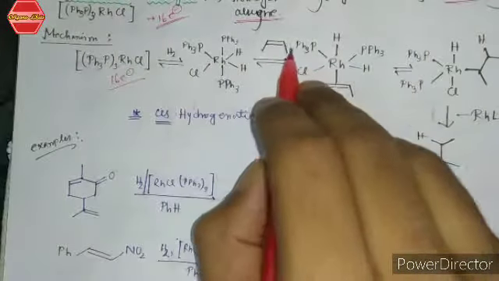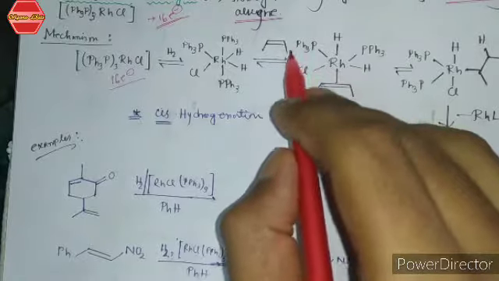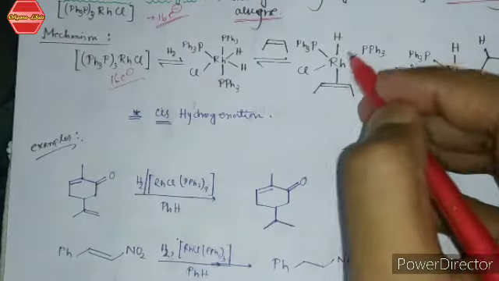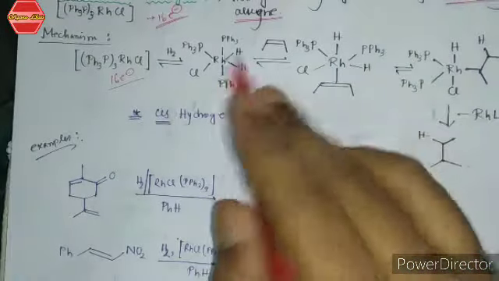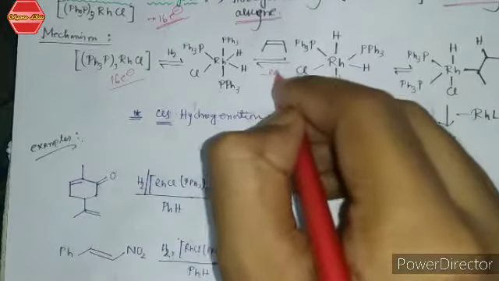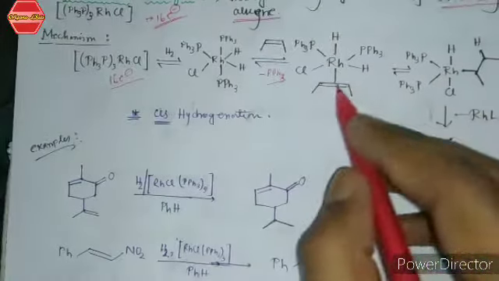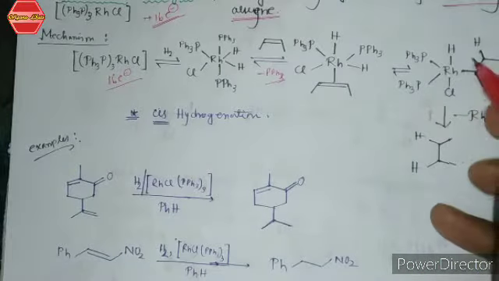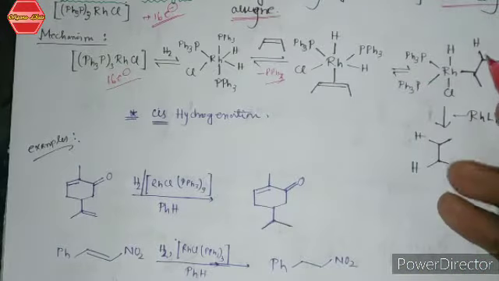Now if you put an alkene over here, the alkene is connected to this rhodium center, and there is a leaving group, minus PPh3. So this is connected, and now there is a migratory insertion of hydrogen.